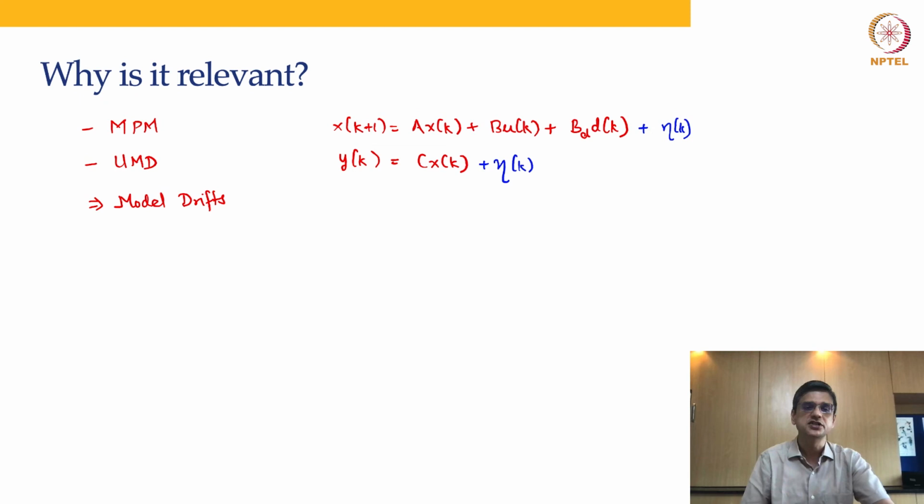But to make it a little bit more general, we will write this not in terms of eta_k, a simple integrating white noise, but in terms of B_e w_k and D_e w_k, where w_k could simply be an integrating white noise, in which case D_e is equal to I, w_k equal to eta, and it just reduces to the previous form that I had just shown.